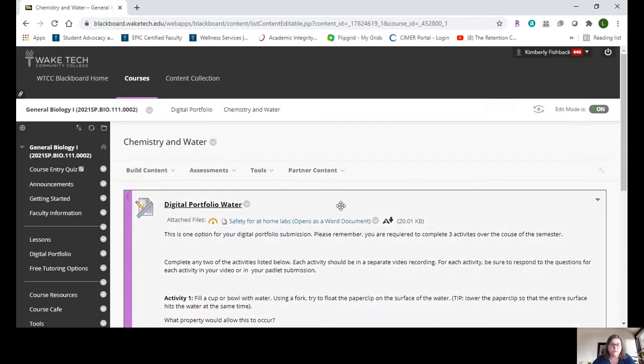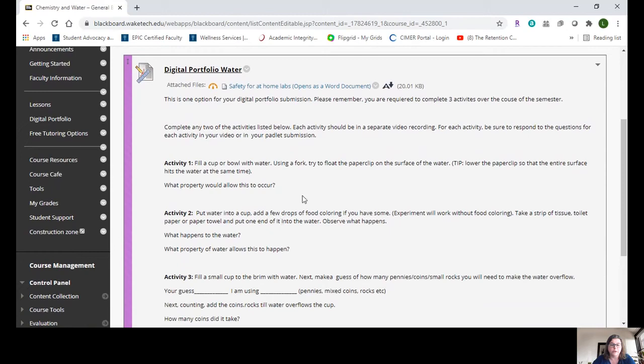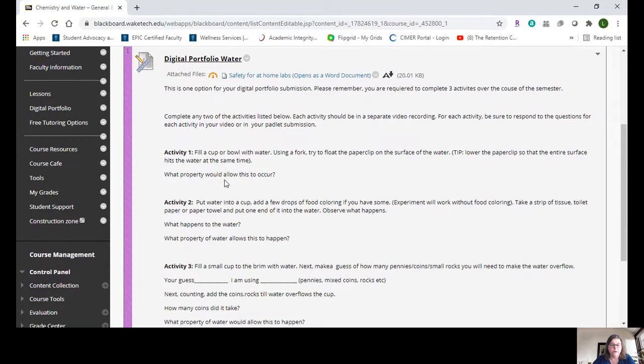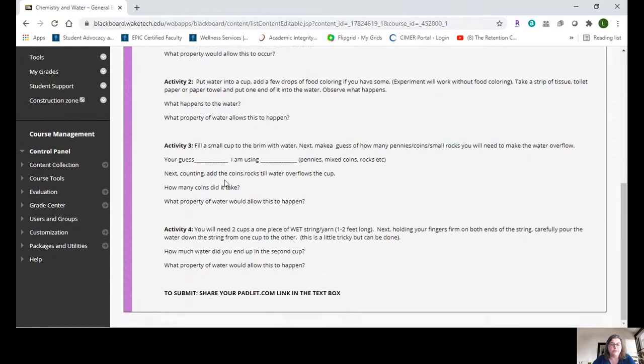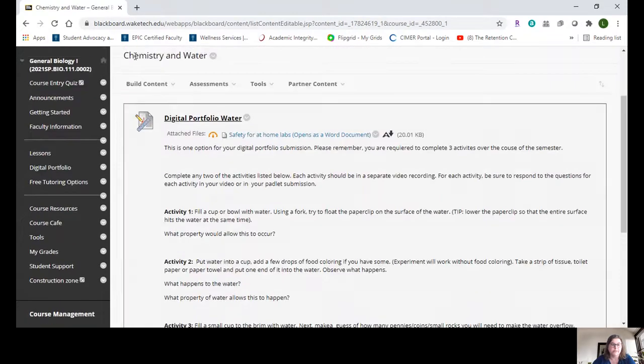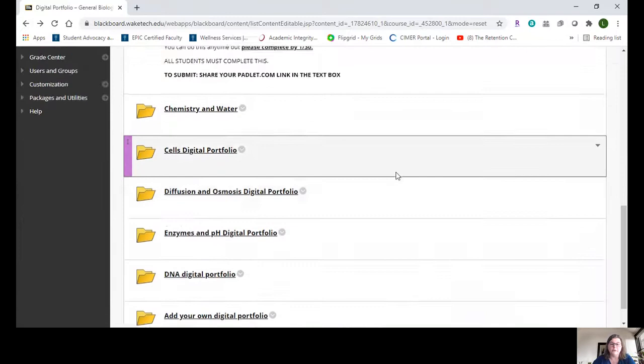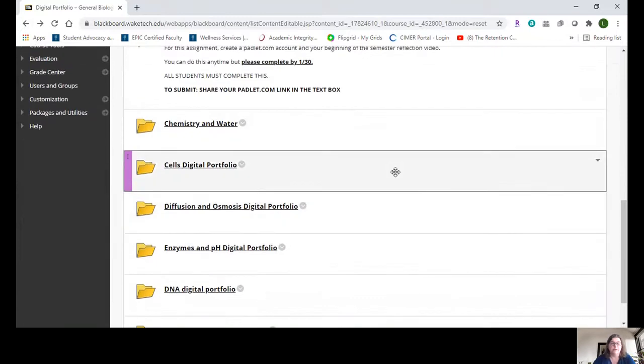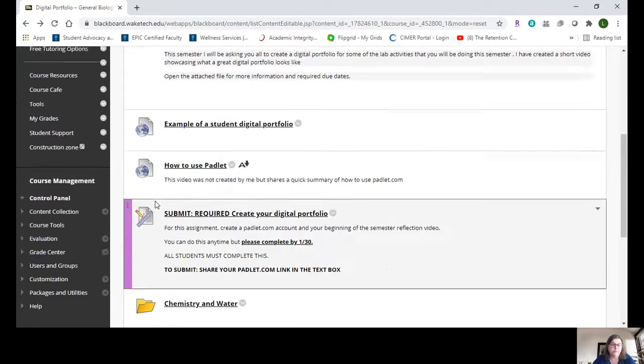And so students will be able to work either at home or at wherever they're doing their coursework and try to go through and actually touch some of the science. At the end of the course, they will have submitted somewhere between 3 to 5 digital portfolio assignments showcasing what they've learned and applying their knowledge.